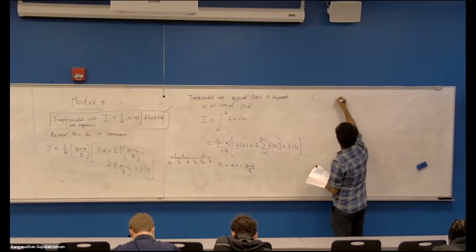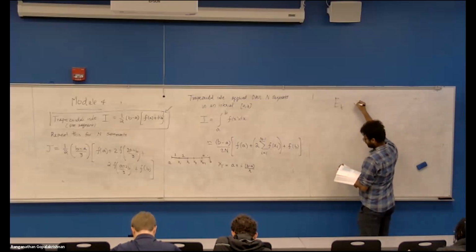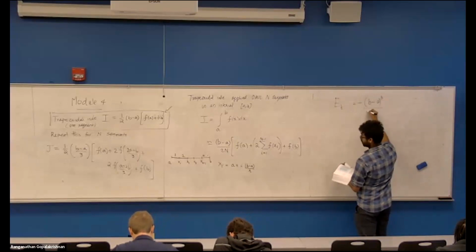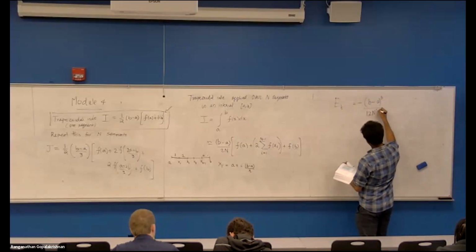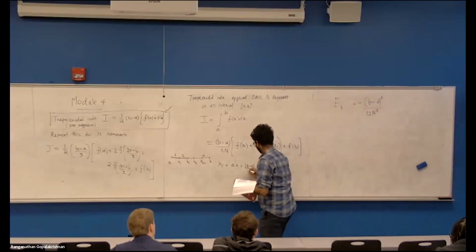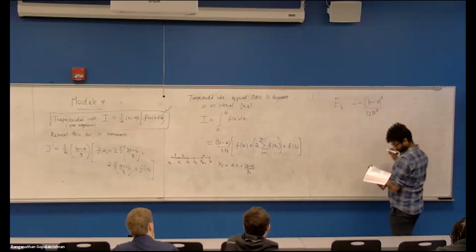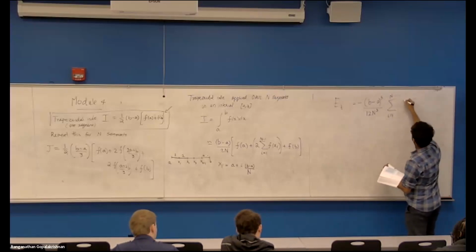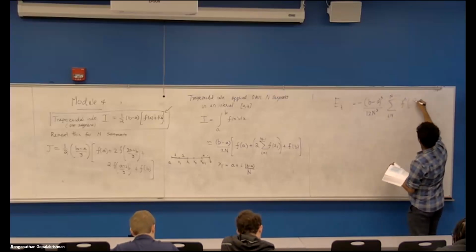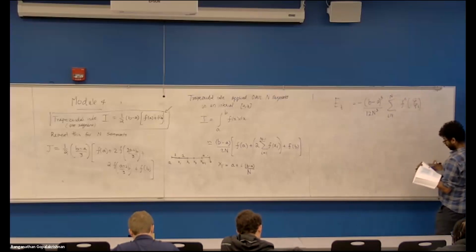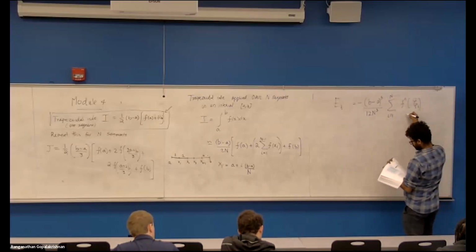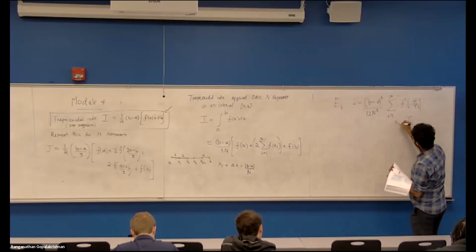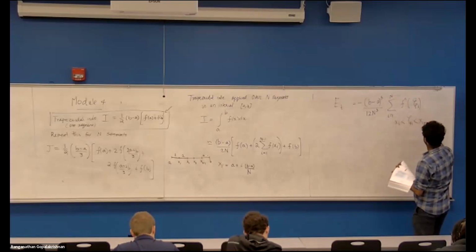The total error estimate is minus (b minus a) cubed divided by 12 n cubed, multiplied by the summation from i equal to 1 to n of the second derivative of zeta i, where zeta i is contained between xi and xi plus 1.